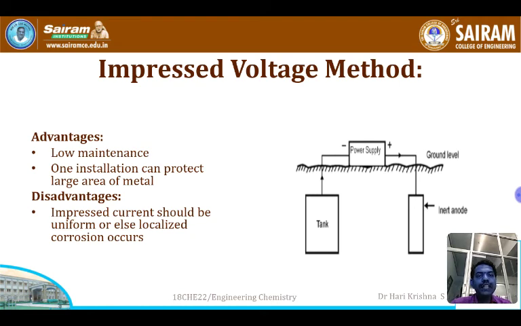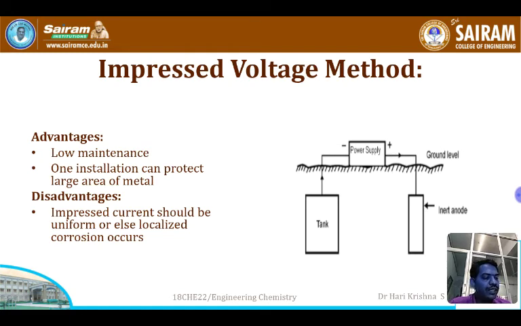Here, as you can see in the diagram, the metal to be protected is made the cathode. An inert metal, which might be either graphite or carbon, is made the anode. It is buried below the earth and connected to a DC power supply, an external power supply as shown in the figure.